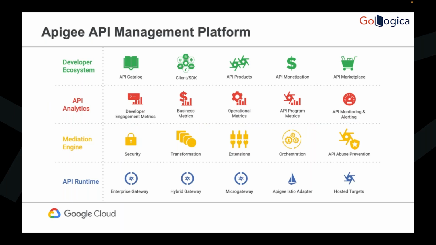Now the fourth is the different runtimes. APG comes in different flavors. One is where you get APG hosted by Google Cloud, which is what we are going to use for our labs. We call it APG public cloud because it is hosted by Google Cloud. Then APG also provides its complete software, and the consumer can use it.